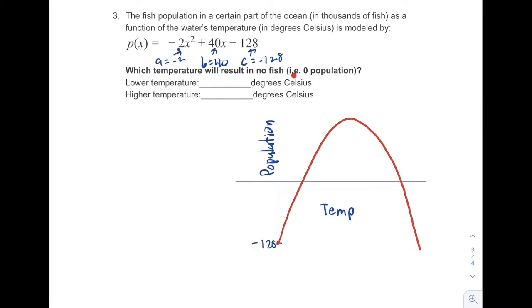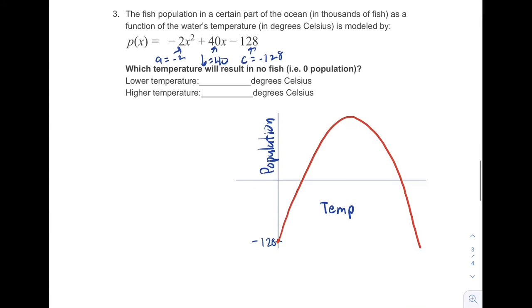Then it asks which temperature will result in no fish. So 0 population. When is this graph going to equal 0? That's what it's asking. When it's 0 population, it's going to be here and here, because those are your zeros.